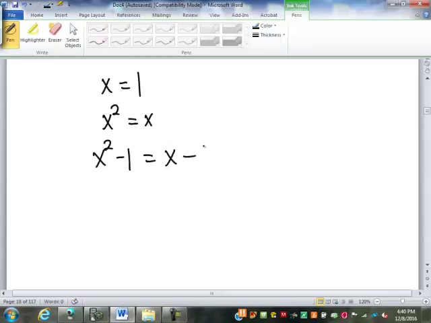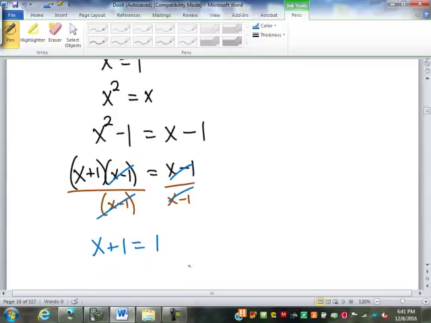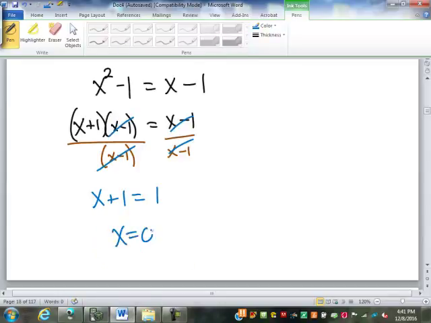Anybody figure out why that made funny things happen? So we started out with x equals 1 and we were able to make x equals 0.